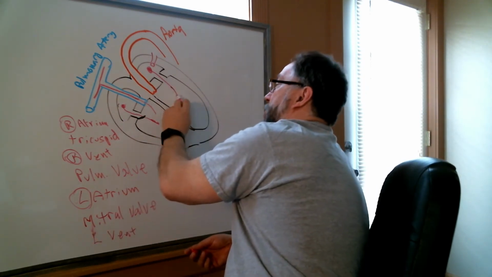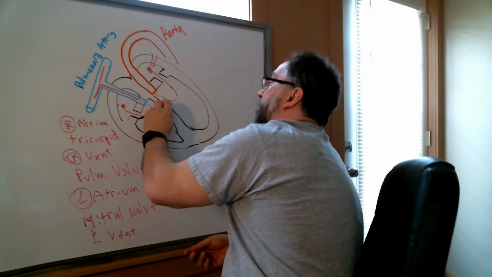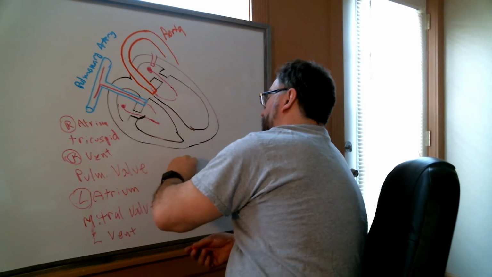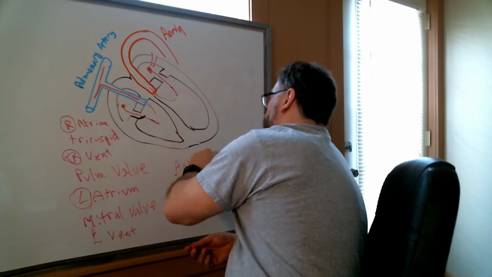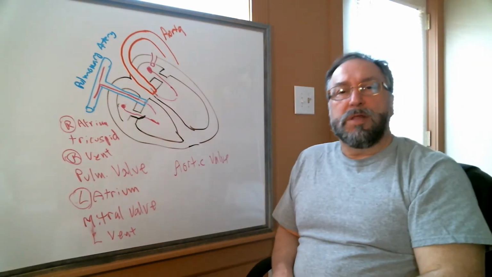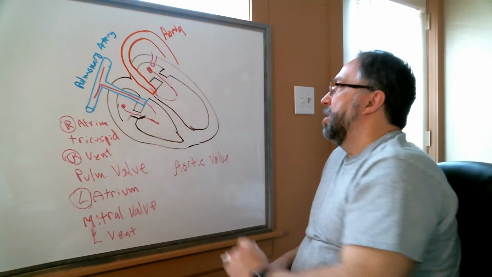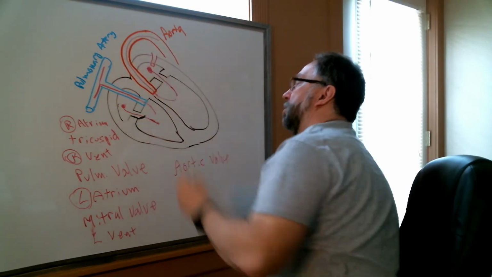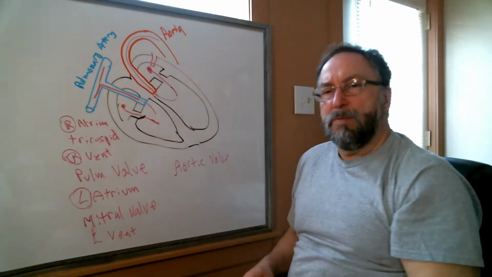And when that pumps, it's going to go up through the aortic valve. Again, the aortic valve, sometimes called the semilunar aortic valve. And out through the aorta, out to the body.